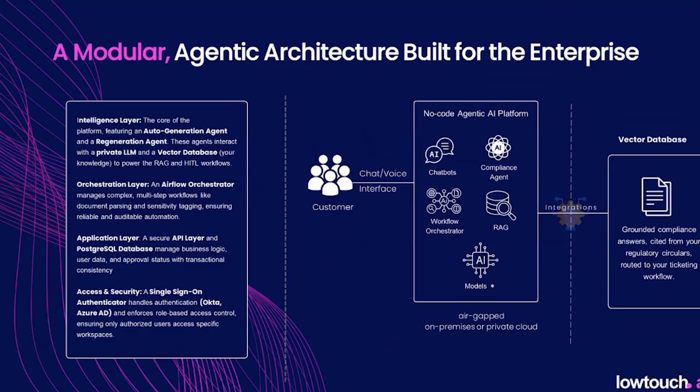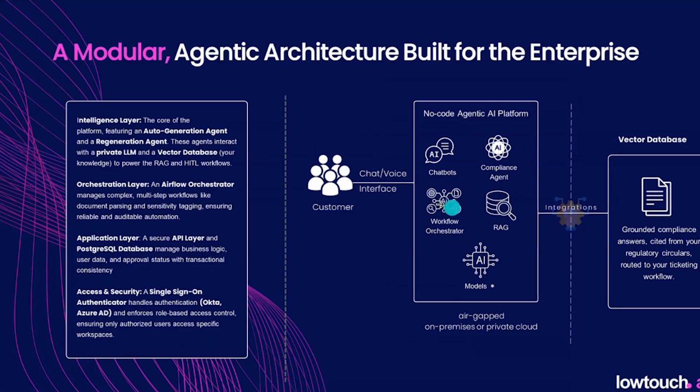So this is a high-level architecture of our lowtouch.ai platform. Specifically for this use case, the interface is a web interface, and this is the platform. We have all the required components, tools, models, and RAG within this platform.